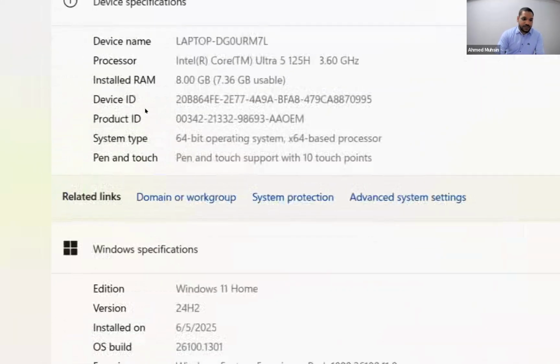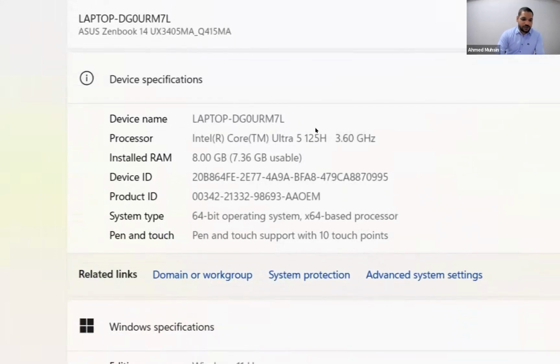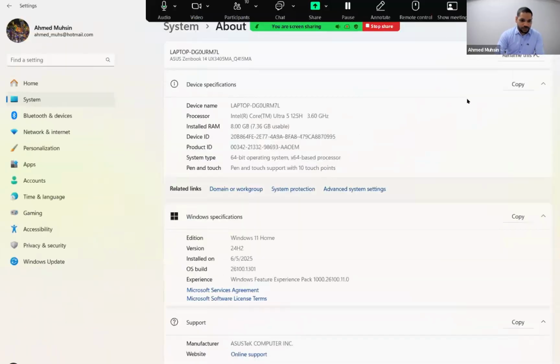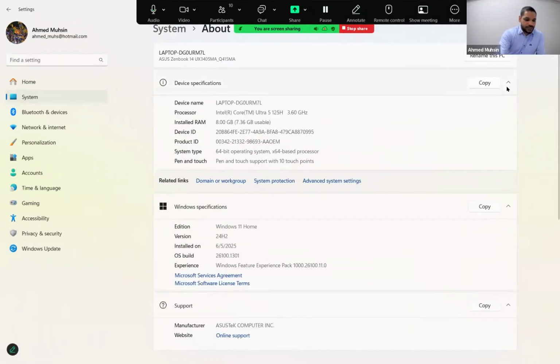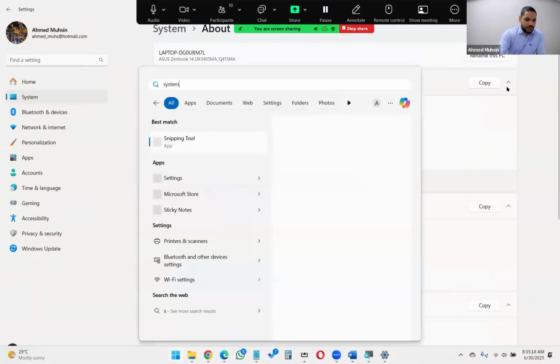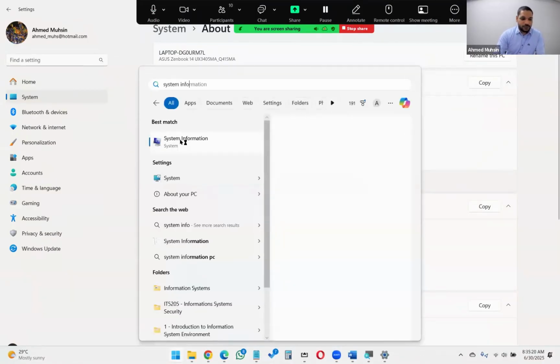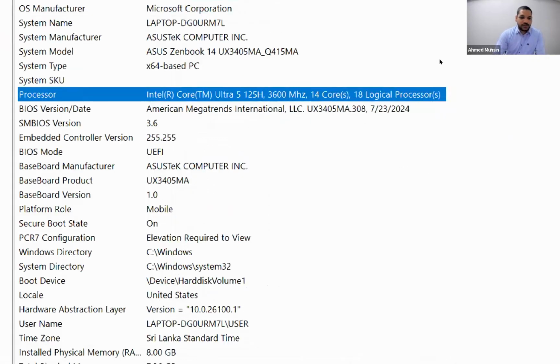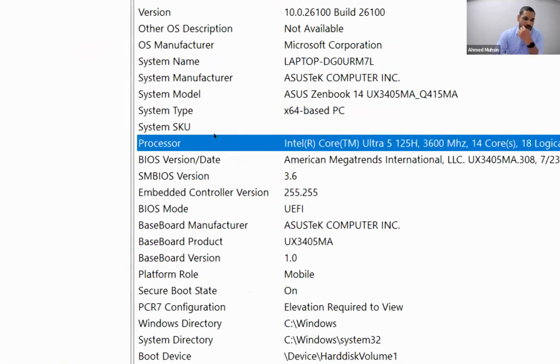Everyone over here, it tells you the speed, but it doesn't mention the type. I'll show it to you. If I come to system information, it should show me. Everyone, you all saw this? How many cores?